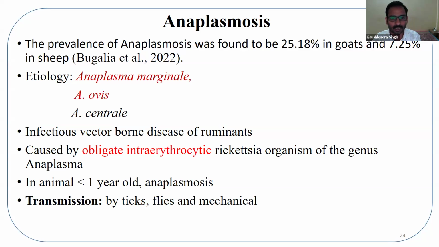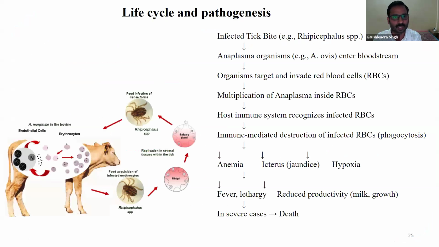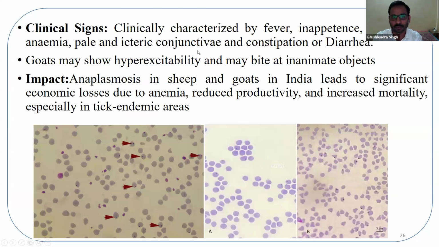This is an infectious vector-borne disease of ruminants caused by the obligatory intra-erythrocytic rickettsial organism of genus Anaplasma. Animals less than a year old are more affected, and transmission is by ticks, flies, or mechanical transmission. Come to the life cycle and pathogenesis.